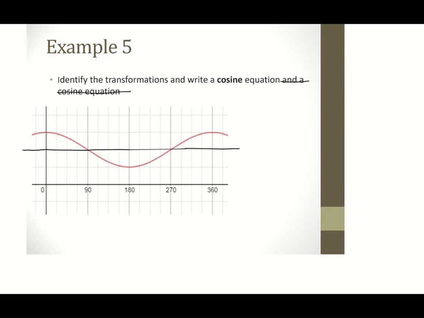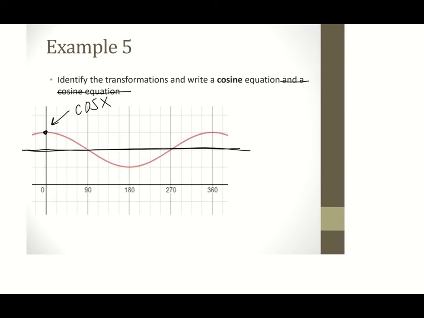So if I have 1 below, 1 above, I have no amplitude. But here's my midline, and I start above my midline. Since I start above, I know I have cosine. And usually, cosine starts at 1.